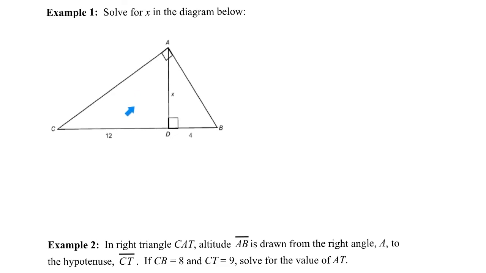There's this triangle right here, which I like to call triangle 1. There's this triangle right here, which I like to call triangle 2. And then there's the big triangle, and I literally call that the big triangle.